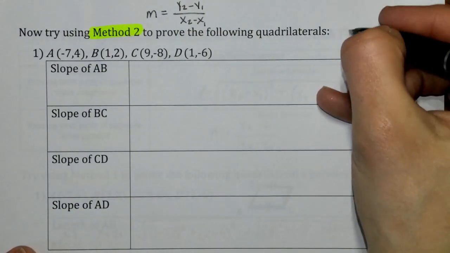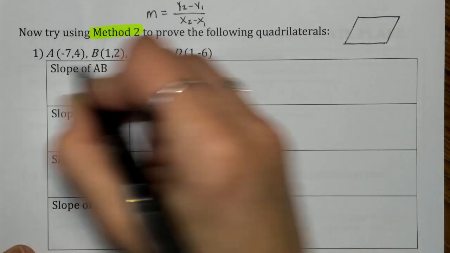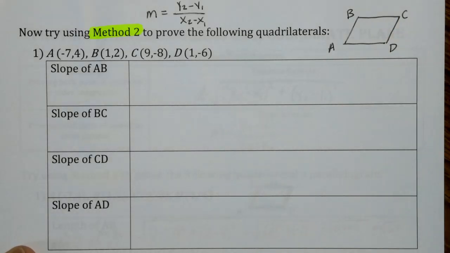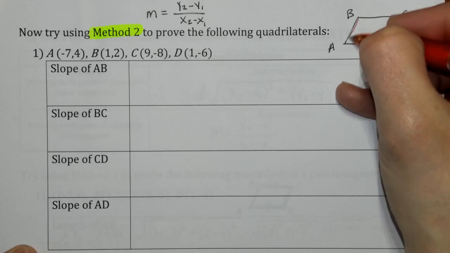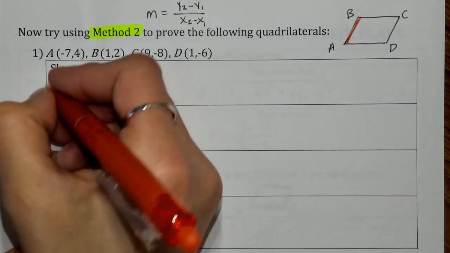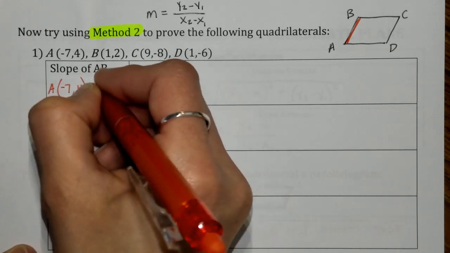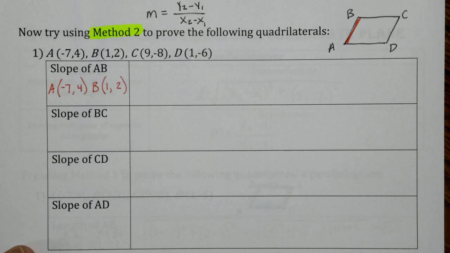So, if it's a parallelogram, we have A, B, C, D. So let's check out our first pair. Let's look at AB right here. So A being negative 7, 4. Starting off exactly the same we did earlier, writing down our coordinates because we have X and Y as 1s and 2s.